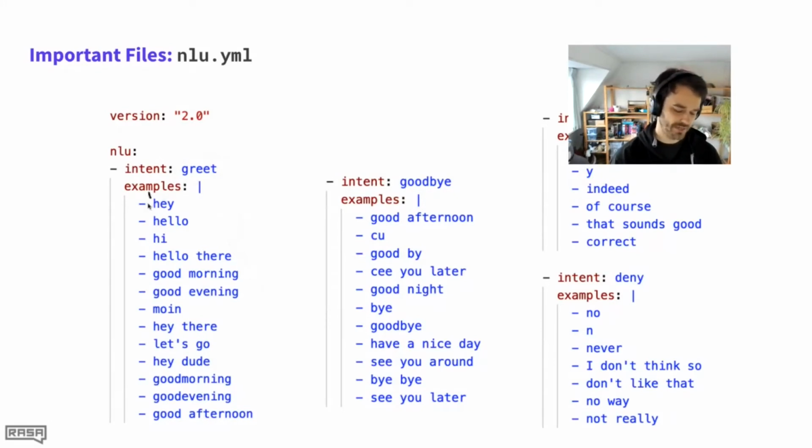We don't want to do proper matching in order to figure out the right intent, but we can see this as training data. And you see here that we have the same thing for goodbye, and also another set for affirming and for denying something in a conversation. But the idea with this NLU.yaml file is that it contains all of our intents with examples.